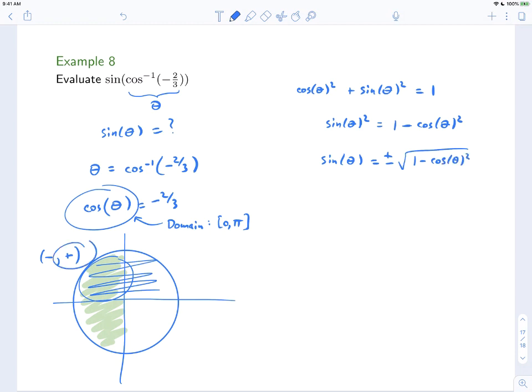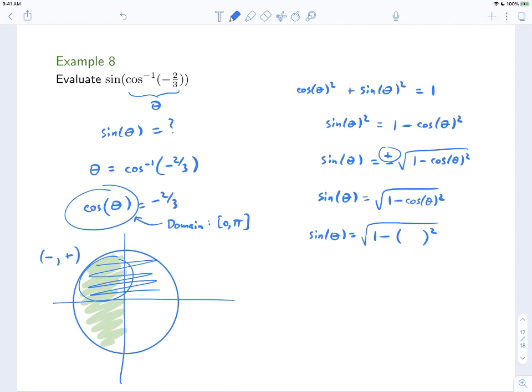But again, sine is positive, so that means we're going to select the positive square root. So sine of theta is the positive square root of 1 minus cosine theta squared. From here on out, the calculations are essentially the same.